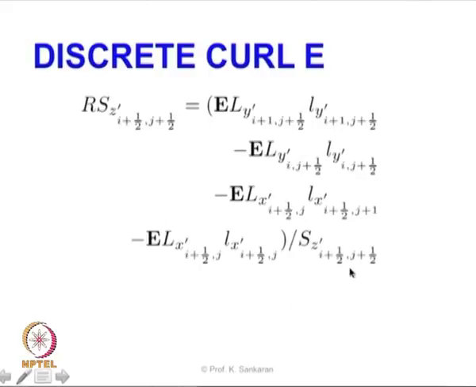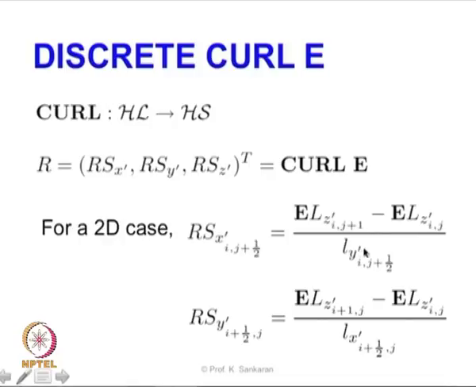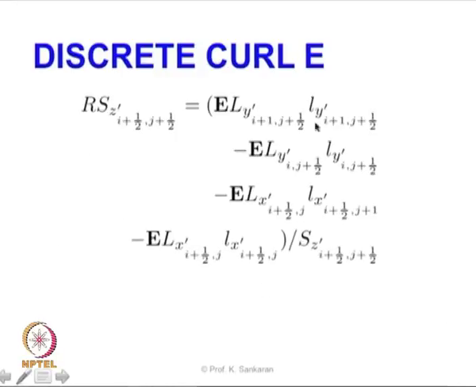So now we are going to look into the third component, which is the RS z prime component. And as you can see here, we have I plus half comma j plus half. So that means it has both the x derivative and the y derivative. And what we are seeing here is a very different expression to what we had before. Here in the previous expressions we had always the L component, the length component, in the denominator, whereas here we see them in the numerator.